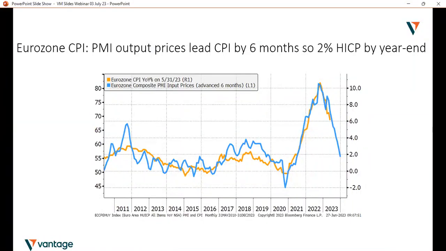So it will be interesting to look at some of the German data, especially industrial orders Thursday and industrial production Friday, all for May, which will be seriously looked at by the markets because of this concern around the German slowdown.